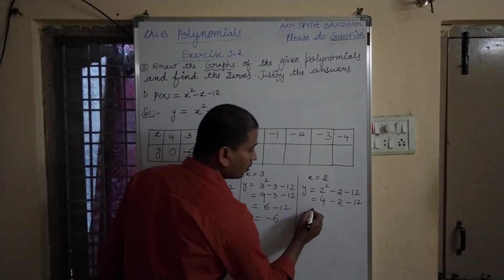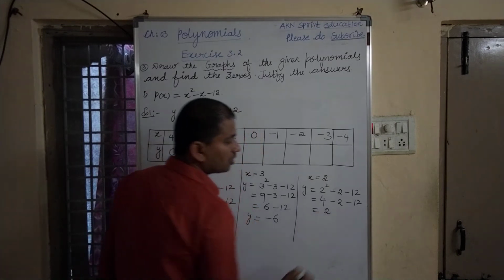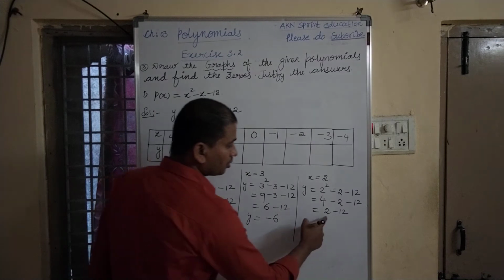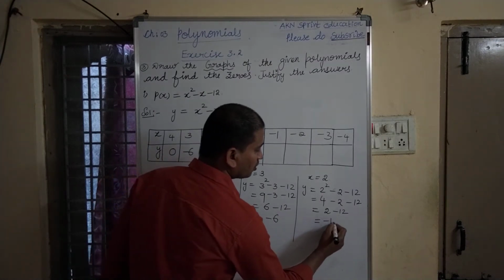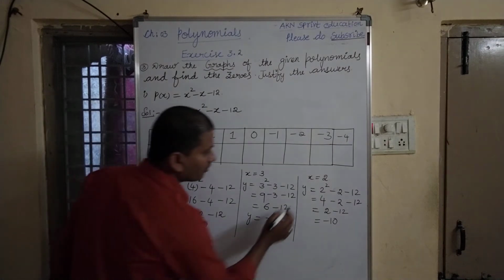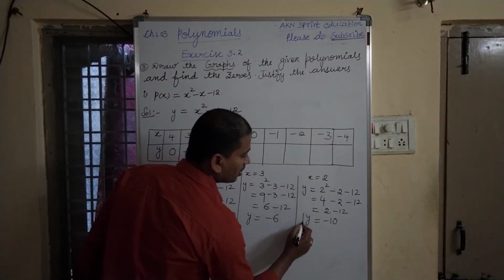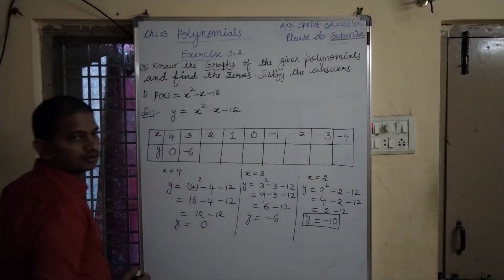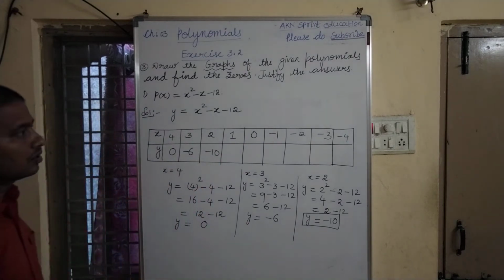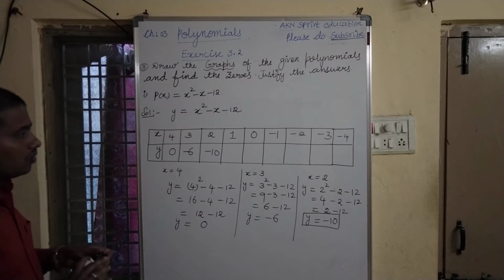So 4 minus 2 is 2, minus 12, which is equal to minus 10. I mean when x equal to 2, y value is minus 10. What is the value of y? Minus 10.